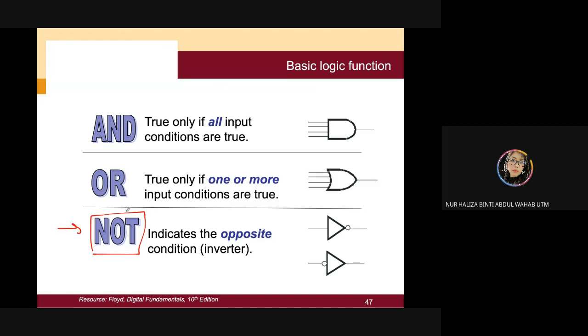For the NOT gate, the minimum input is 1. So you're going to have 1 as the input and 1 as the output for the inverter or NOT gate, and it will be opposite.